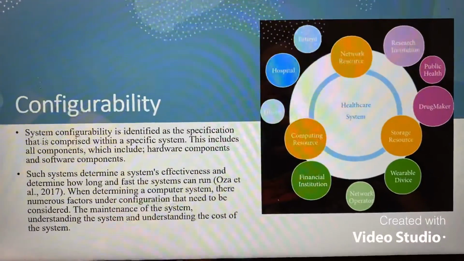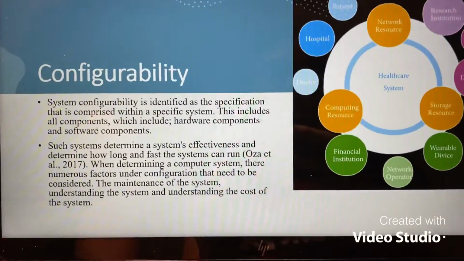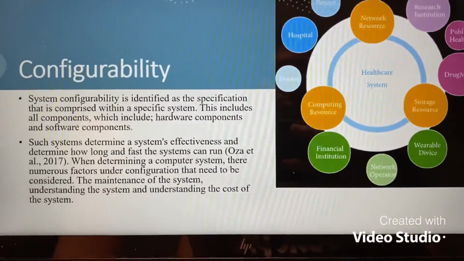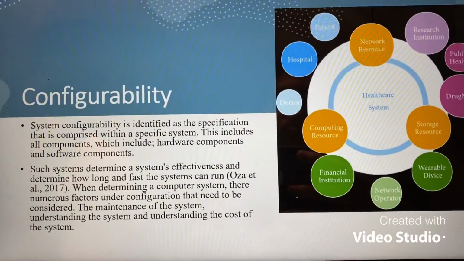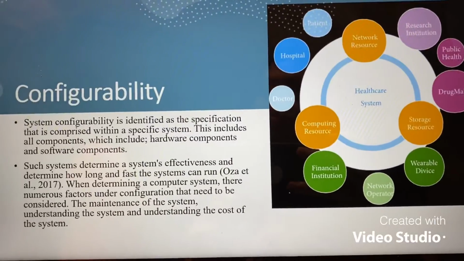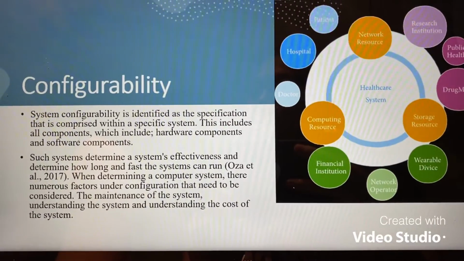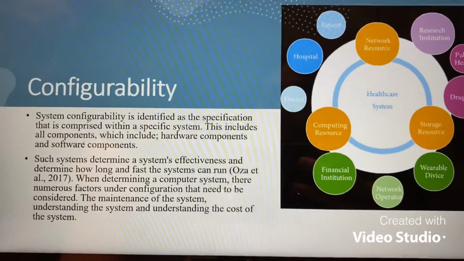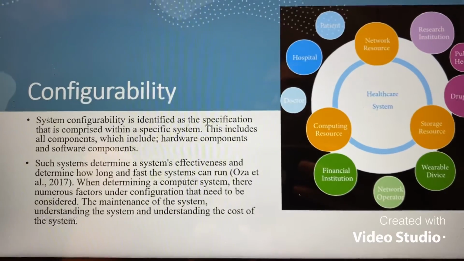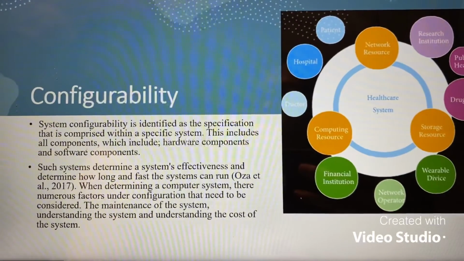System configurability is identified as a specification that is comprised within a specific system. This includes all components, which include hardware components and software components. Such specifications determine a system's effectiveness and how long and fast the system can run.